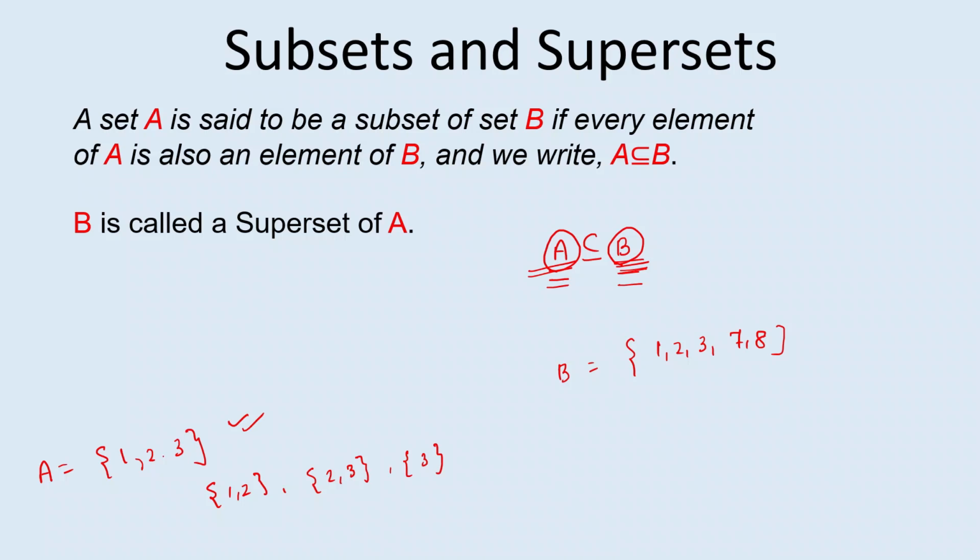Supersets are written like this. So we read it as B is a superset of A. Okay, so let's move on to some examples.